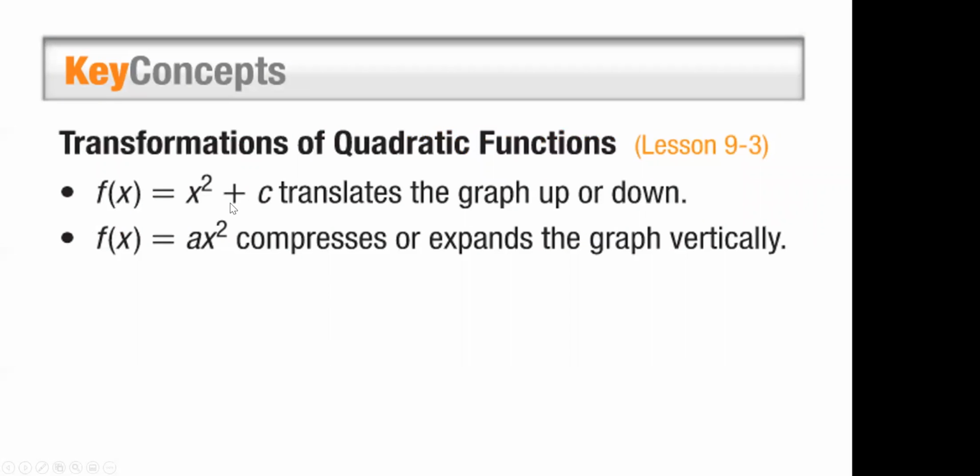So if we add a value of c to x squared, then if the number is positive, the graph goes up that many units. If it's a negative, it goes down that many units. And then if we have a value in front of x squared, then that compresses or expands the graph vertically, okay?